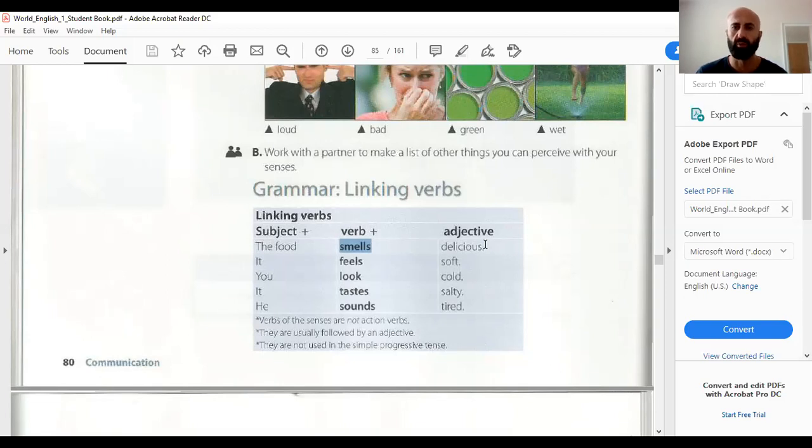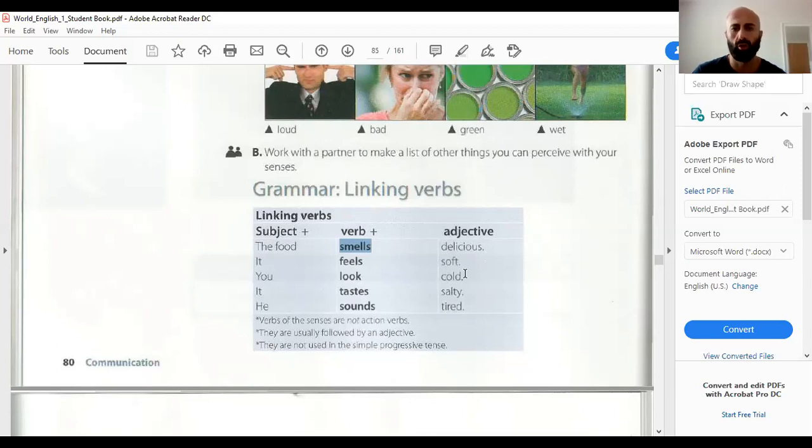If the food smells good, it means it's always a food which will smell good, not just for a period of time. And then, it feels soft. If, for example, you have a pillow, it's always soft, so it feels soft. Or a fabric or something, it feels soft.